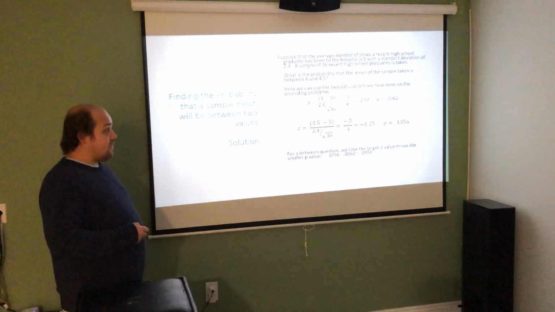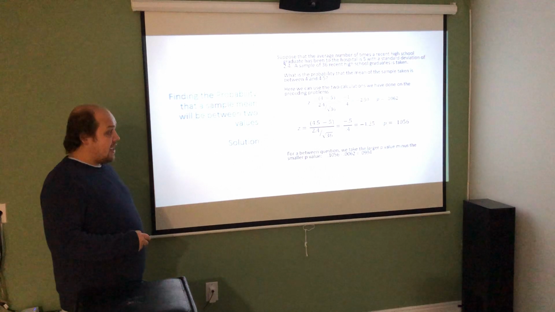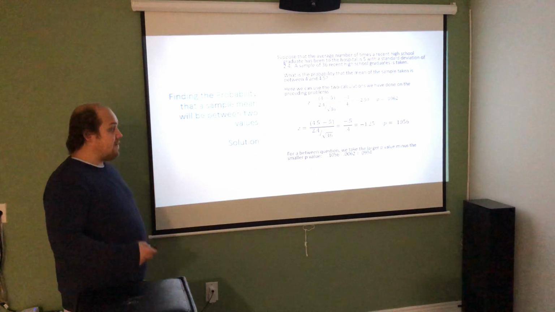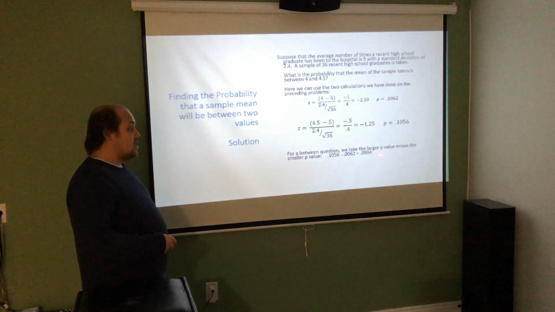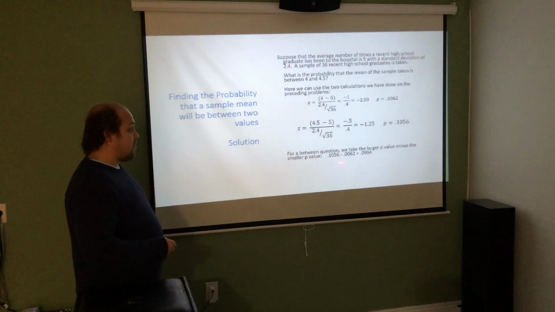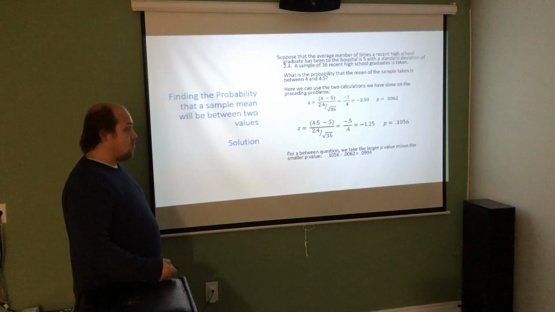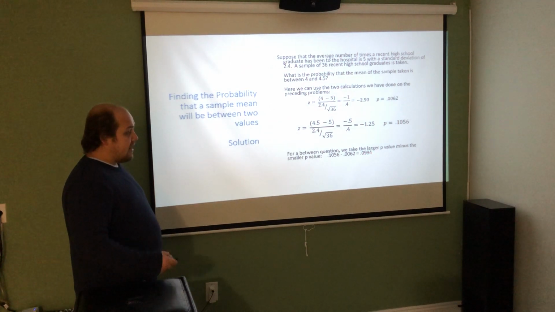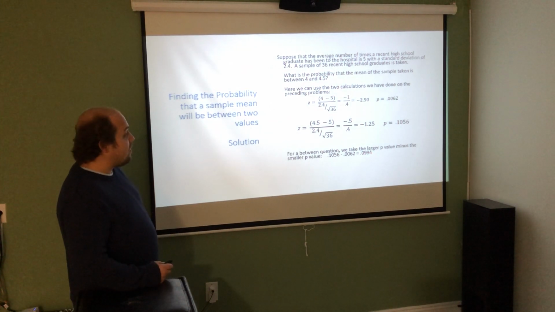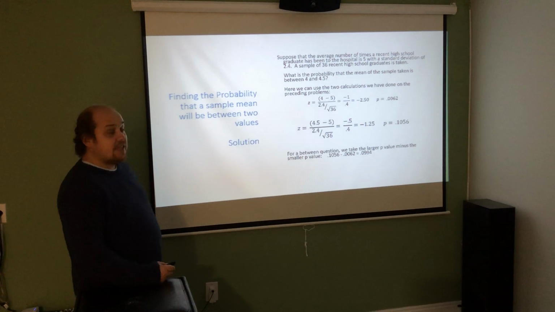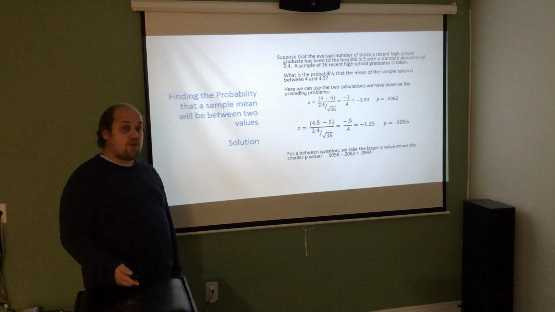So previously we found negative 2.50 at p-value 0.0062 and negative 1.25 at p-value 0.1056. So we do the larger minus the smaller, 0.1056 minus 0.0062, and find 0.0994, or in other words, right around a 10% chance that the mean of our sample is between 4 and 4.5.